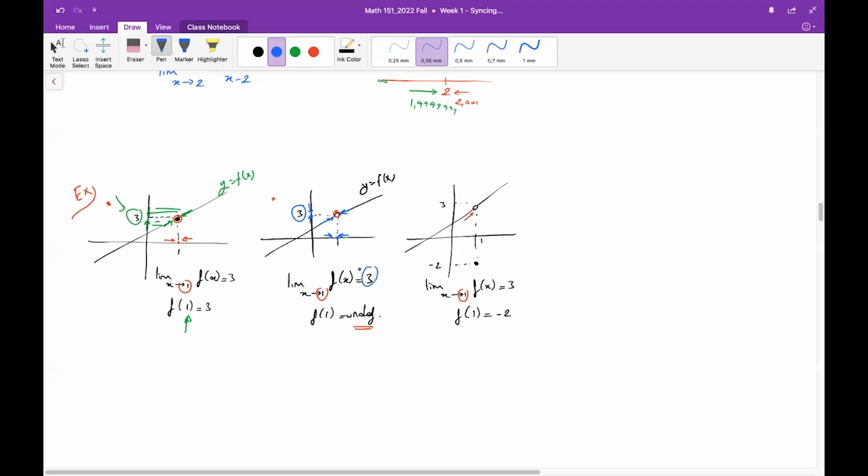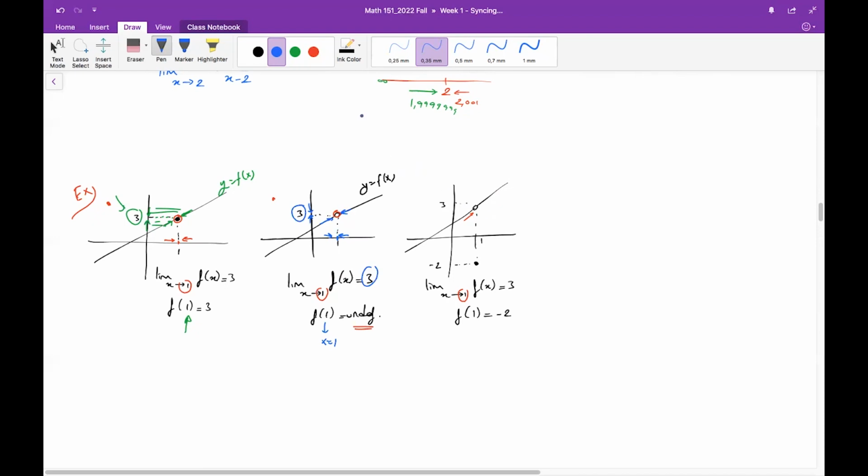That's why the limit exists. It is a unique number towards which the values of your function approach as x is near 1. But there is an empty point here, which shows that your function is undefined at x equals 1. Even if it is undefined, the limit still exists, okay?